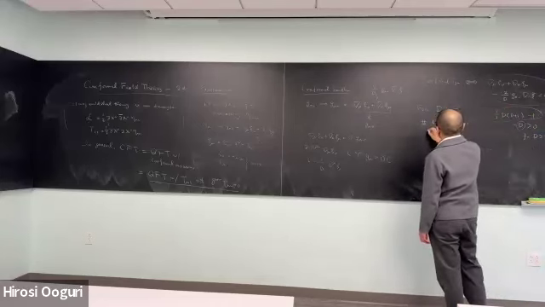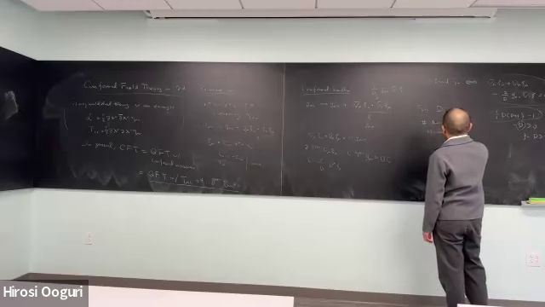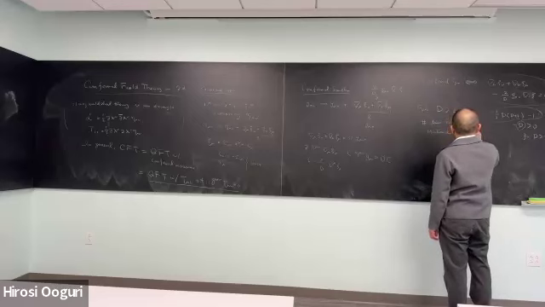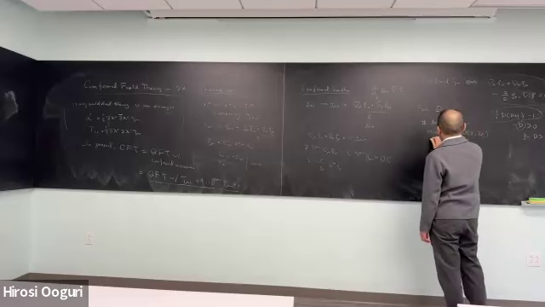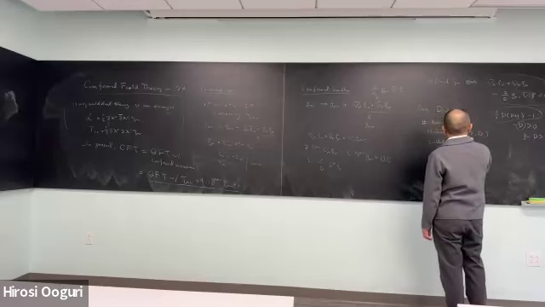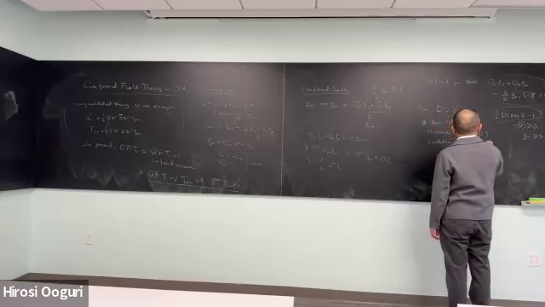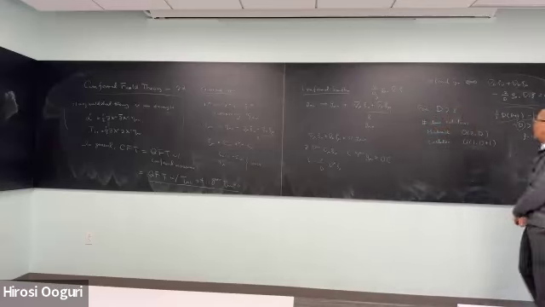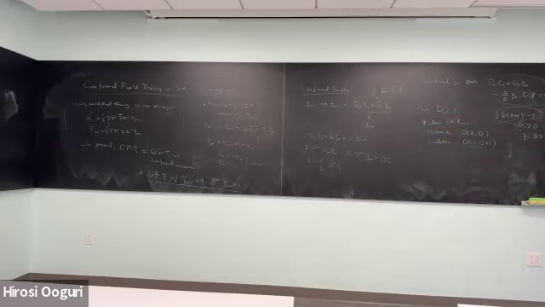For Minkowski metric, the solution is O(2, D). And for flat Euclidean metric, it's O(1, D+1). So anyway, you have this finite dimensional space.